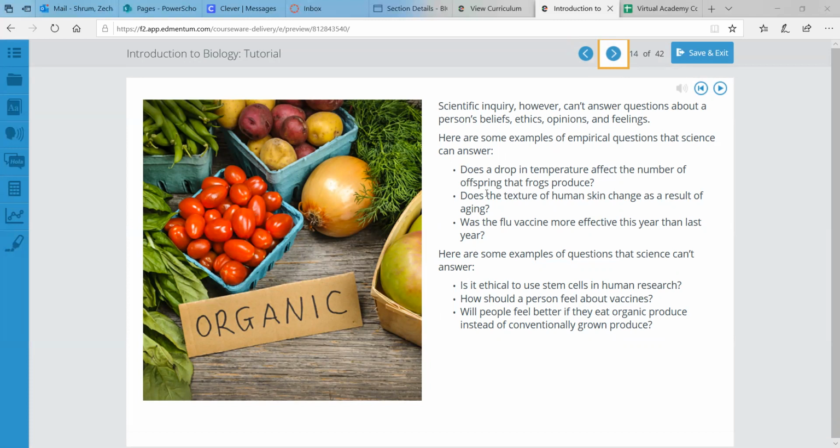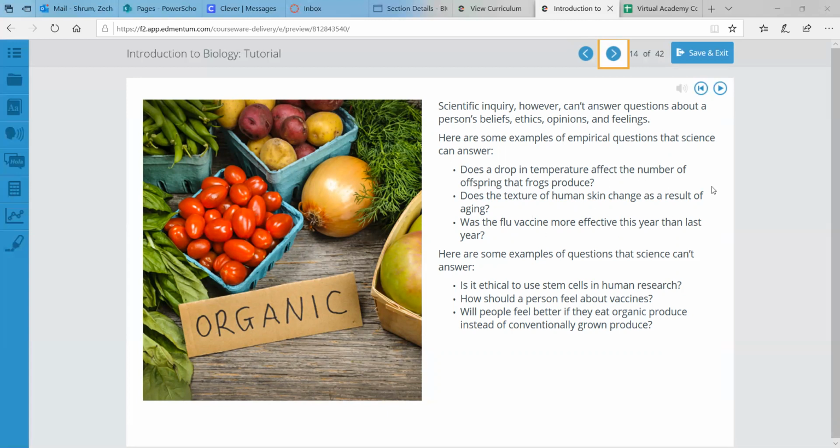But a scientific inquiry can't answer questions about a person's belief, ethics, opinions, feelings. This stuff is hard to deal with in an objective sense, right? What someone believes, their ethics, opinions, and feelings, it's very personal, and science can't necessarily delve into those questions, as well as the more data-oriented questions.